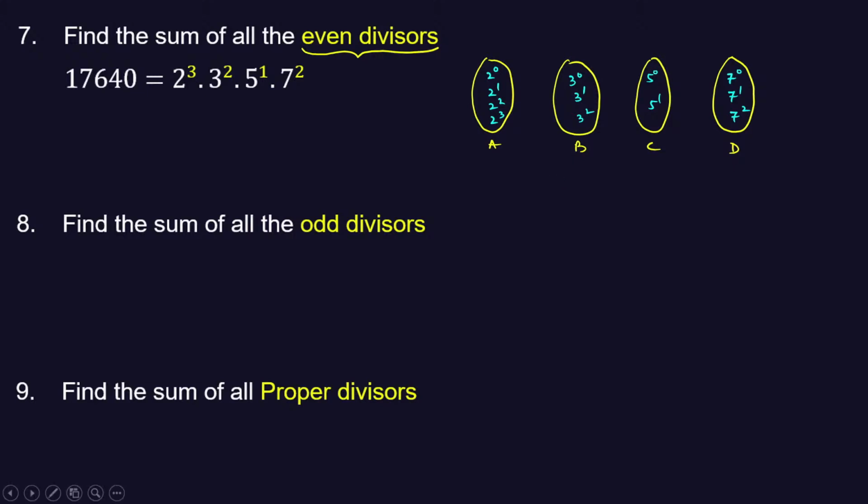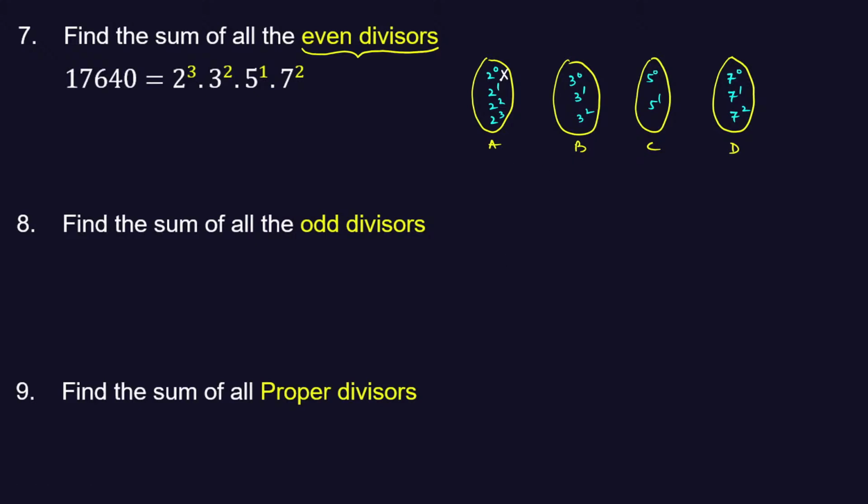The divisor should have at least 1 2. It must have 1 2. At least 1 2 it must contain. In that case, we will say that the divisors are even. Okay? So for that, I will straight away reject 2 to the power 0.